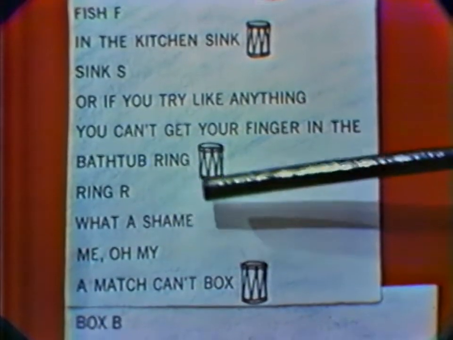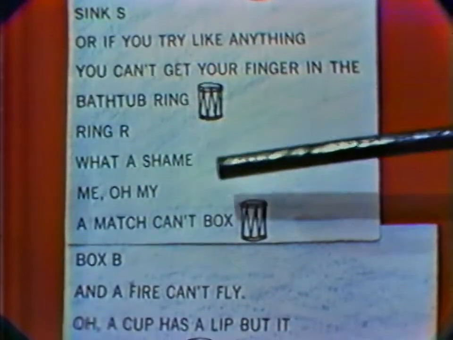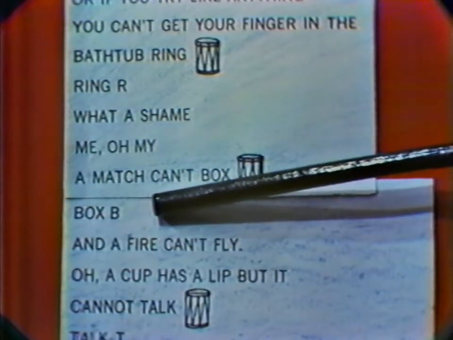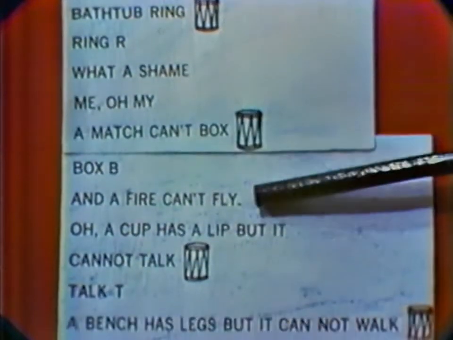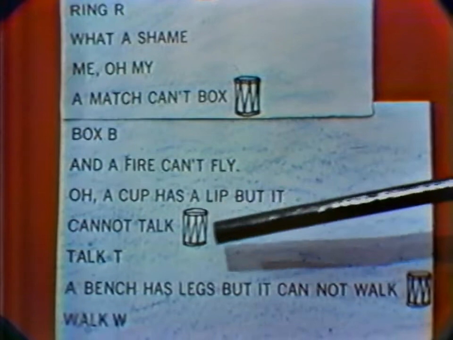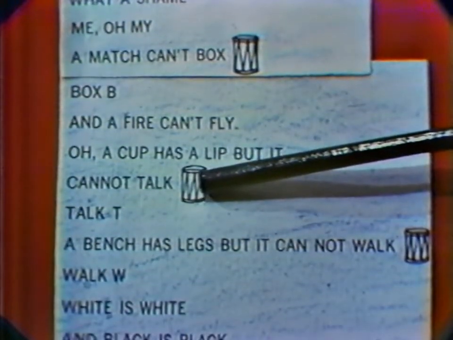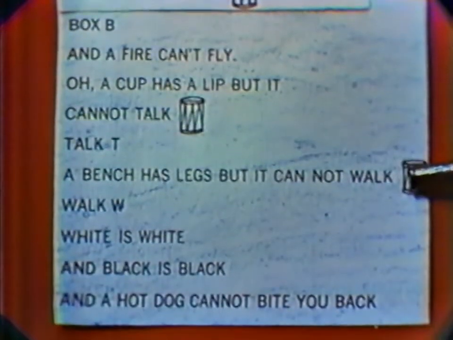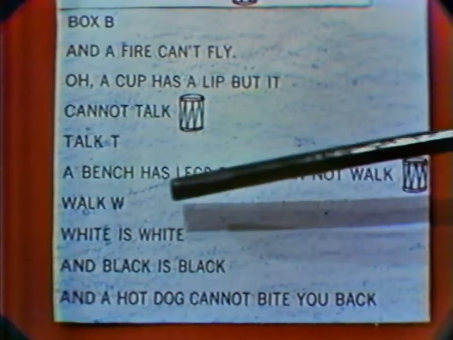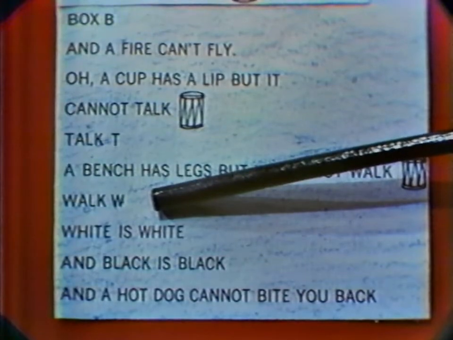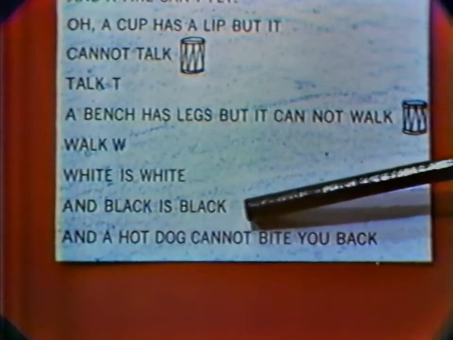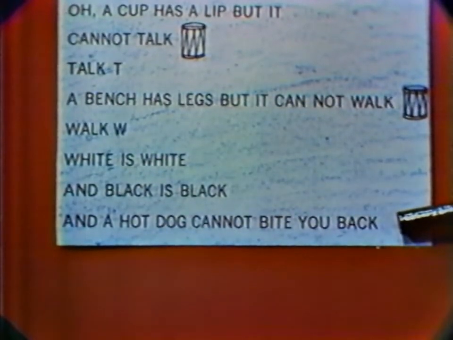R. What a shame, me oh my, a match can't box. Box. B. And a fire can't fly. Oh, a cup has a lip, but it cannot talk. Talk. T. A bench has legs, but it cannot walk. Walk. W. White is white and black is black, and a hot dog cannot bite you back.